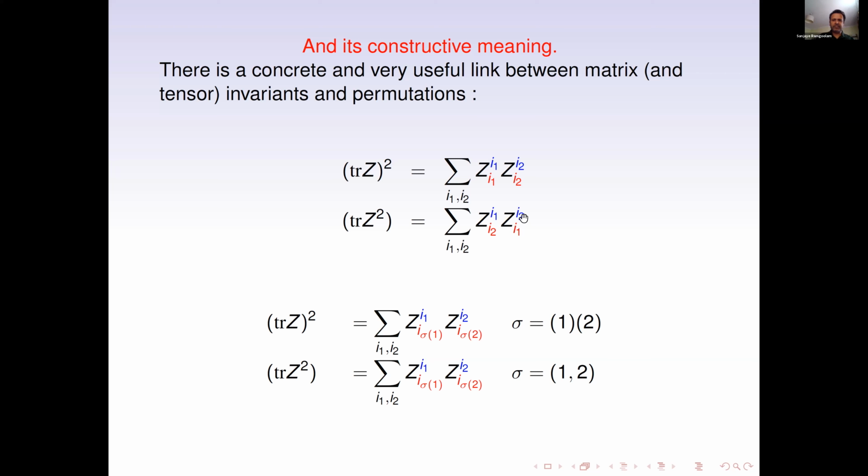So the difference between these two is that we have permuted these indices, and we can write both of these in terms of these Zs with indices contracted using some permutation, which in this case is the trivial permutation. Here it's the swap.